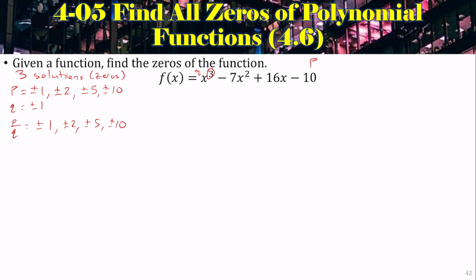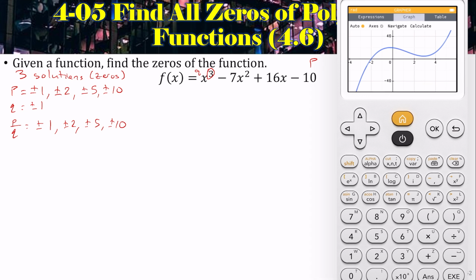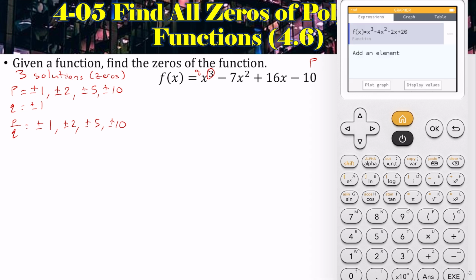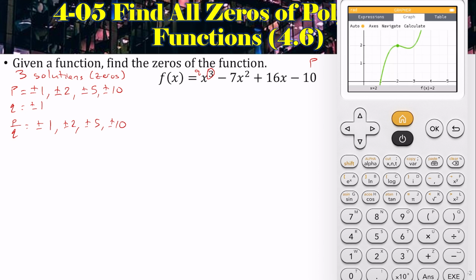All right, so let's pick something. Let's pull out the calculator again. Let's go back and put this one in. So it's x cubed minus 7x squared plus 16x minus 10. And let's look at the graph. We appear to have an x-intercept at 1.